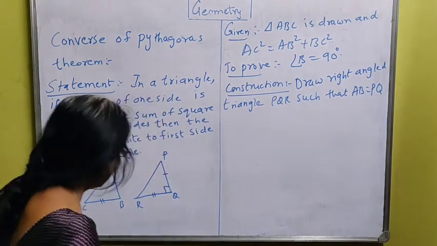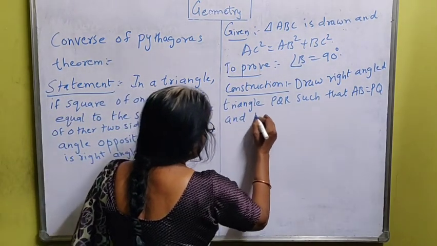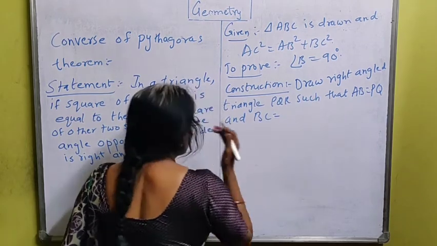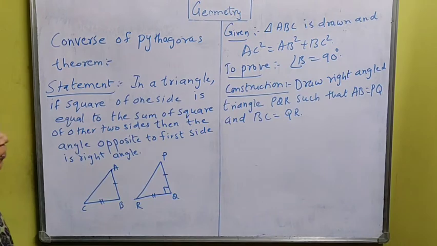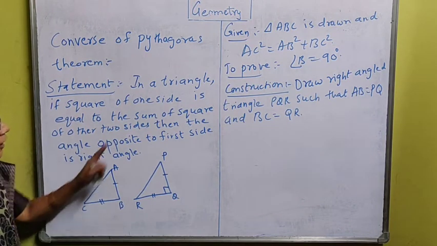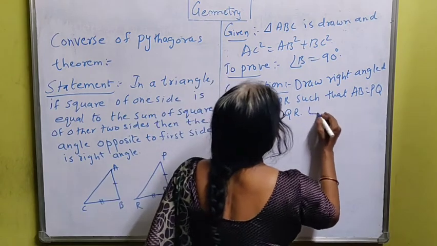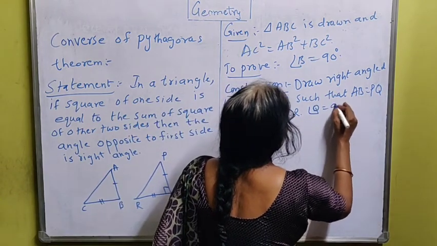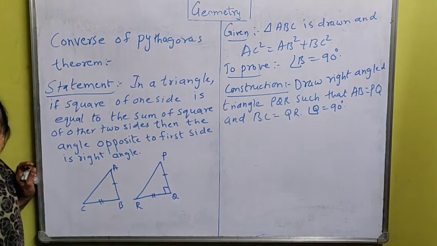Very important. Such that AB is equal to PQ and BC is equal to QR. So you have drawn the construction. PQR, where AB is equal to PQ and angle Q is equal to 90 degrees. That is what we have drawn over here.